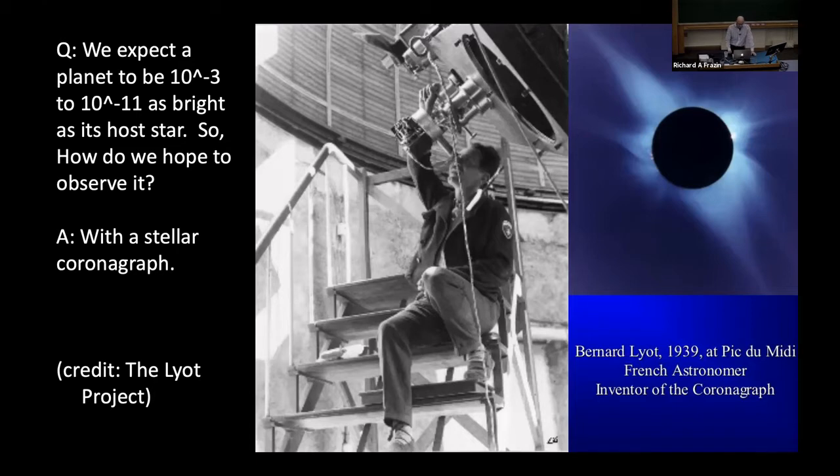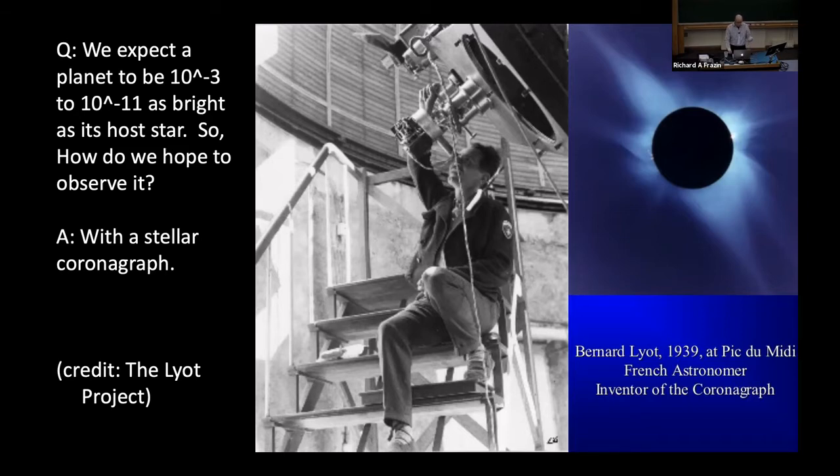And if you want to see a small rocky planet, you might be down to a millionth as bright, or a billionth as bright, or a hundred billionth as bright. And getting to those extreme contrast levels would certainly have to be done from space.